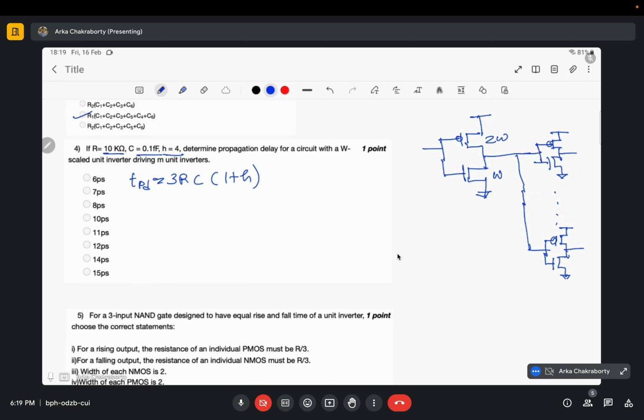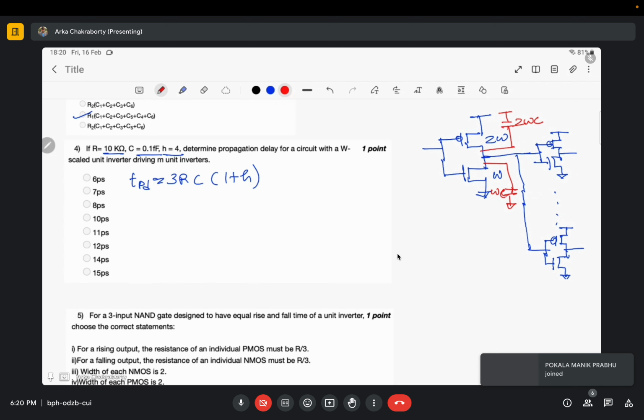So basically, here the capacitances that would come will be 2WC for this scaled PMOS and WC for this scaled NMOS.